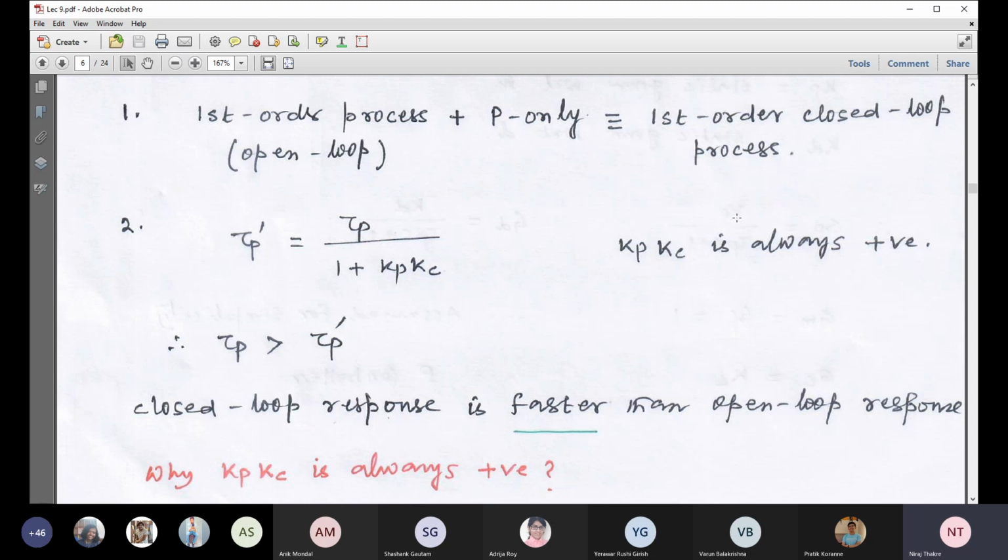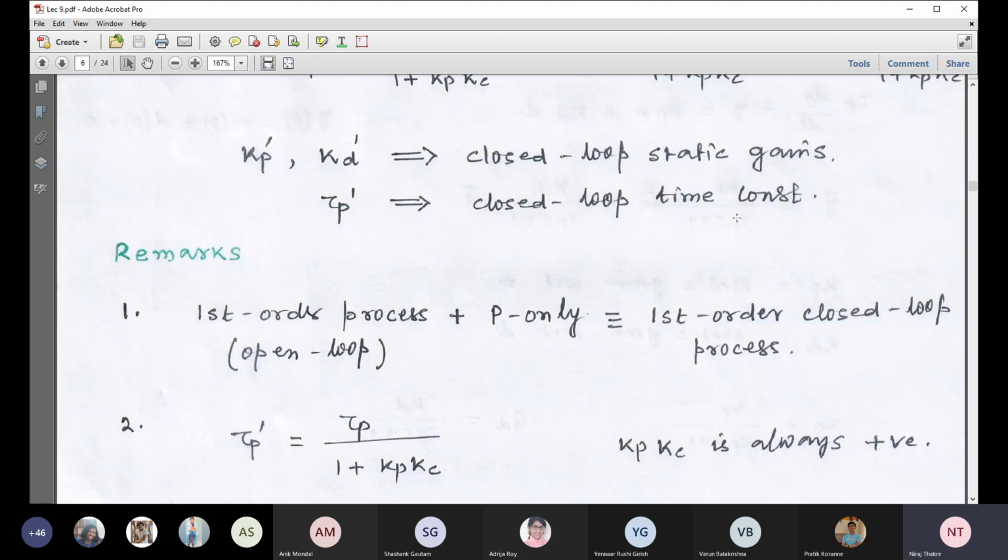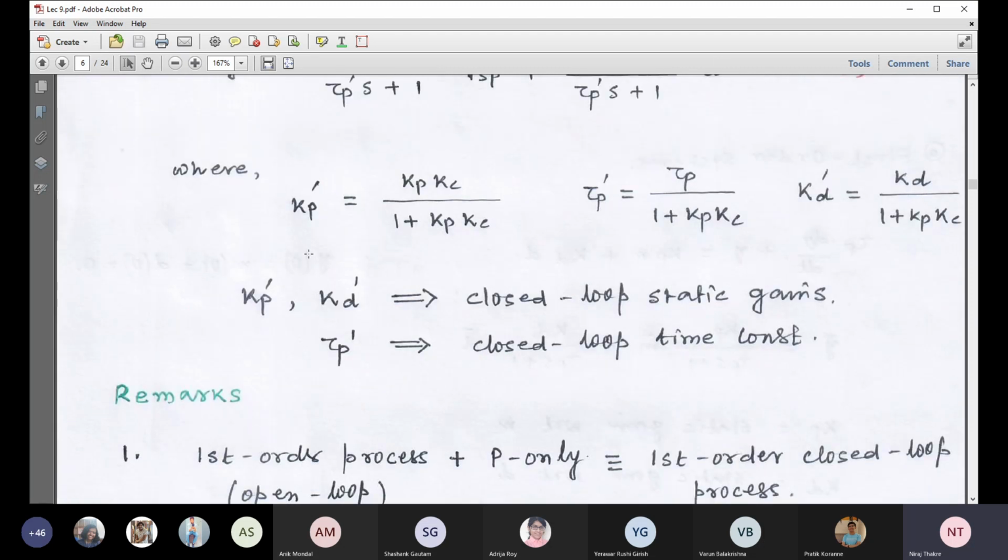So similarly, what do you think? Which one is greater, KP or KP prime? You just see this expression.